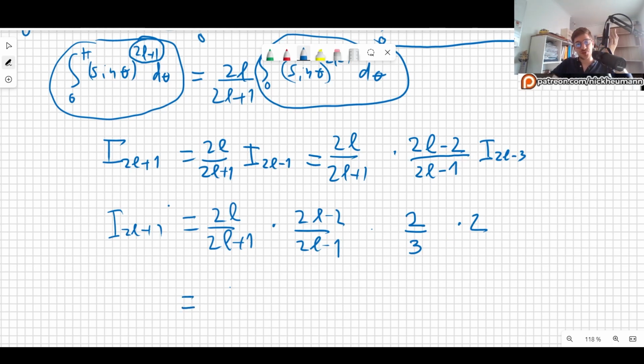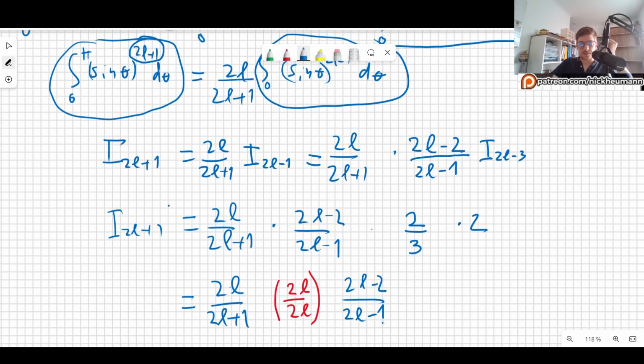So let's produce them. We have 2L over 2L plus 1, and now in red I will produce the terms that it needs. It needs the term 2L, so I will multiply by 2L over 2L, which is 1. That way I have 2L plus 1, 2L. And then I have a term that I already had, 2L minus 2 over 2L minus 1.